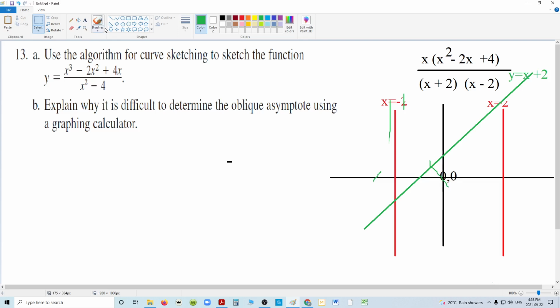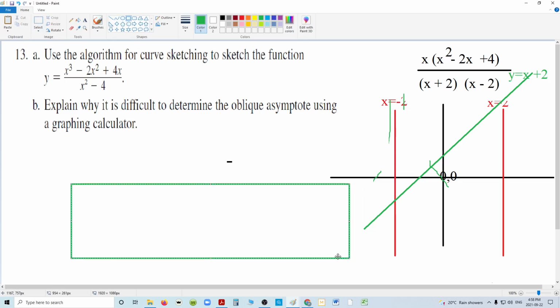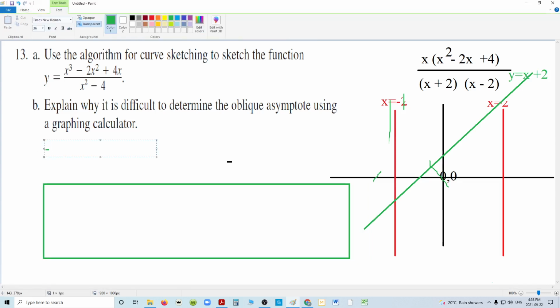So you have to set up your table, and you have to figure out what does this graph do at, let's say, minus infinity. And then you say, what does it do just on the left side of minus 2?